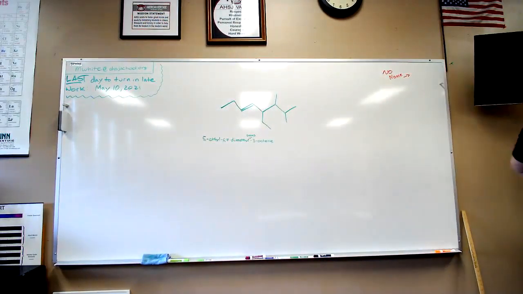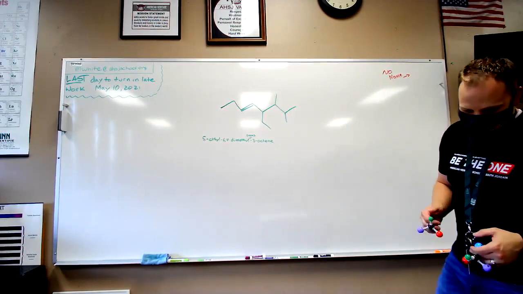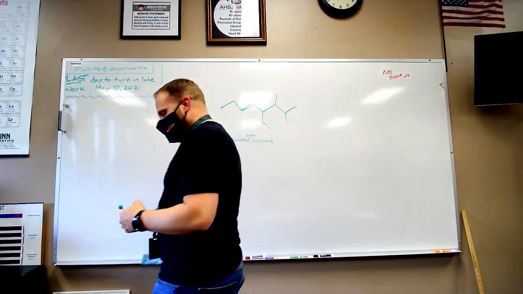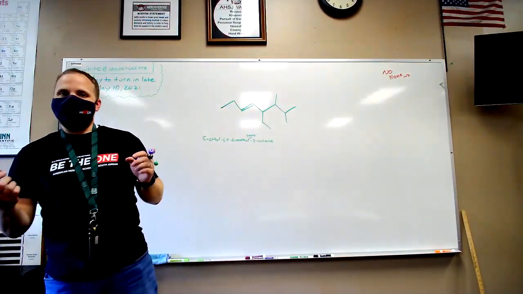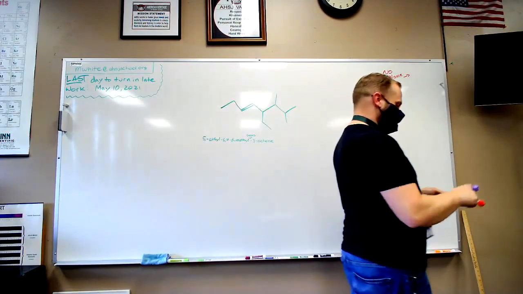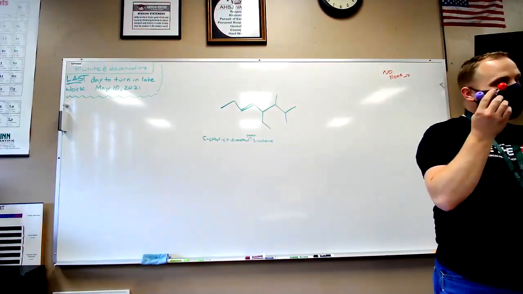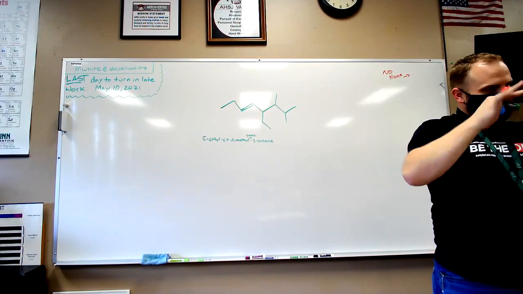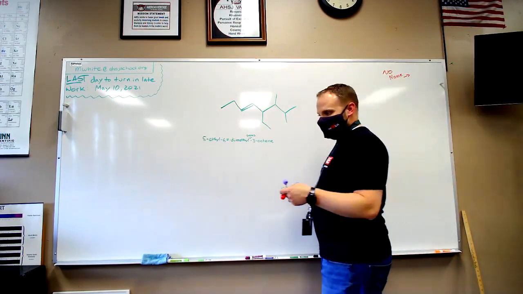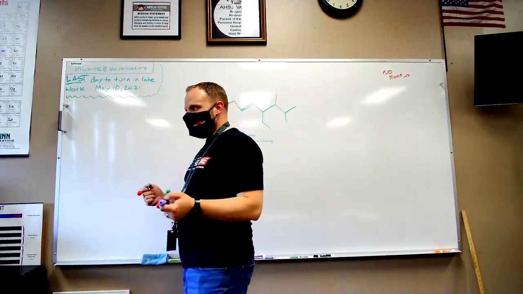Now this makes a difference in a lot of biological systems. Sugars have a bunch of what we call chiral centers, where they're made of the same thing, but you flip a couple things around to the other side and it's a completely different molecule.